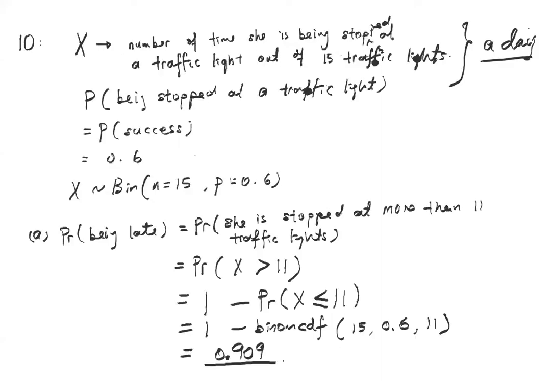Did you take 1 minus? If I got a worker like that, I say you better not work. You forgot to do 1 minus. So this is equal to 0.091.